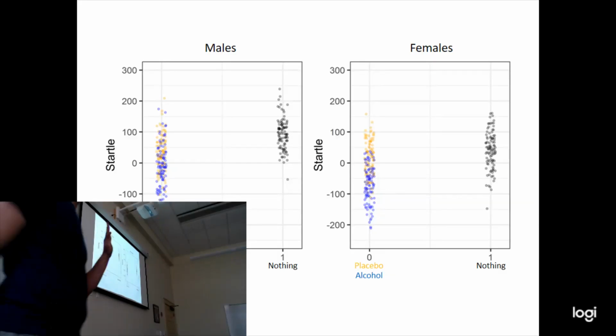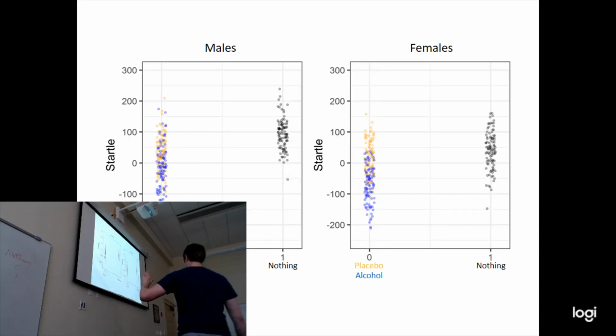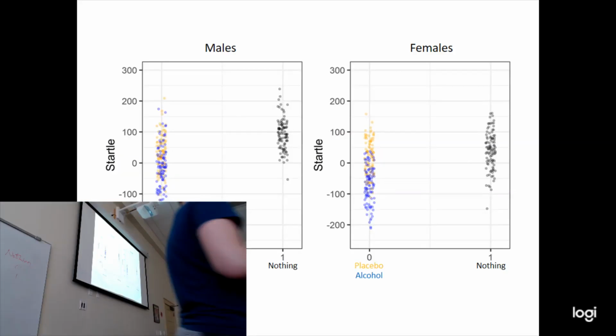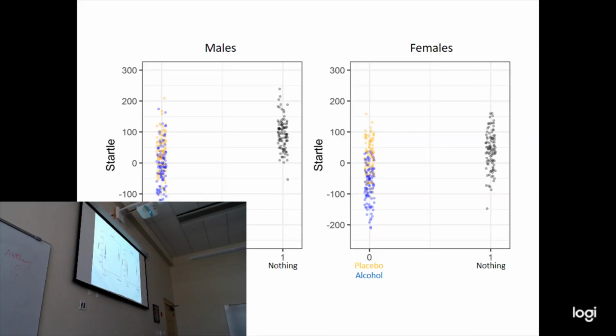So now I'm showing you a slightly different graph, one where this is the C2 dummy code. So I'm looking at the difference between placebo and nothing rather than placebo versus alcohol. And just as when we were thinking about C1, in order to figure out what the coefficient for C2 is going to be, we have to adjust for C1.